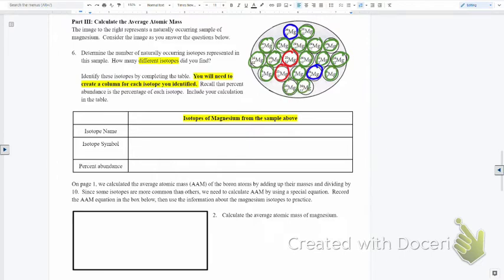Okay, so I have already identified that I have 3 different isotopes.